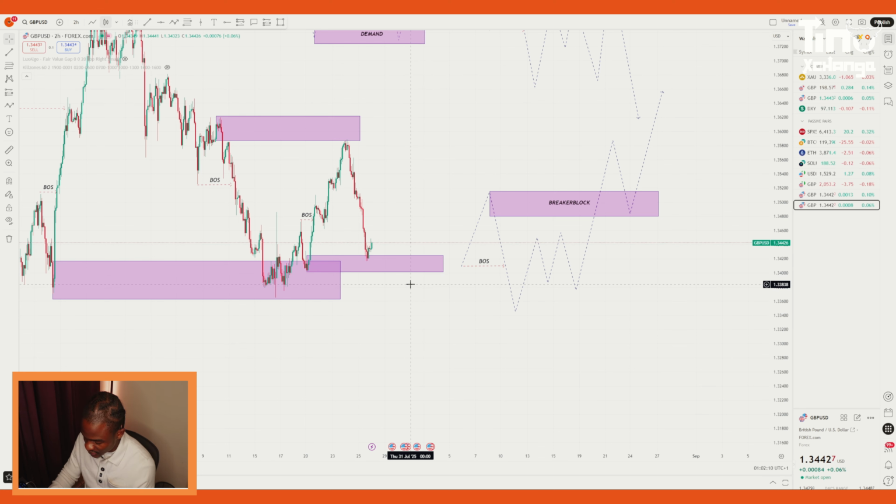When that happens, this OB becomes a breaker block. If price comes here and does this, this demand zone has become a breaker block. So you will continue looking for sales from this point, right? So that's basically POIs, that's basically order blocks in a nutshell.